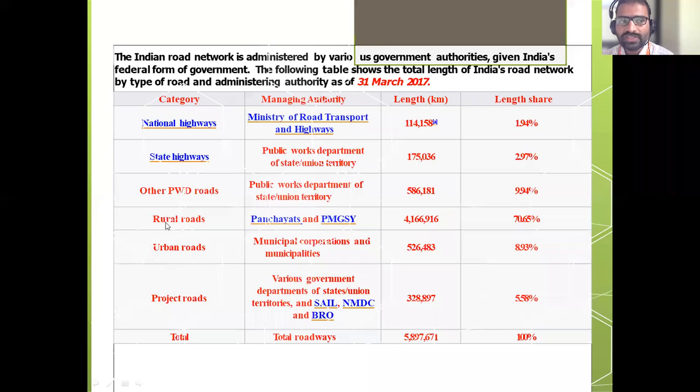You should know which category of roads has which managing authority. National highways are 2%, state highways 3%, and village roads 70.65%. So these are the classifications.